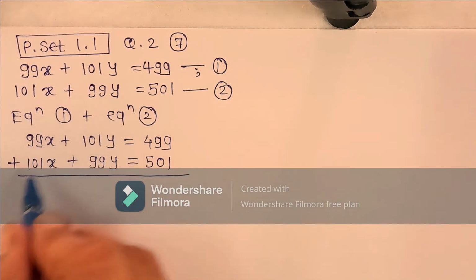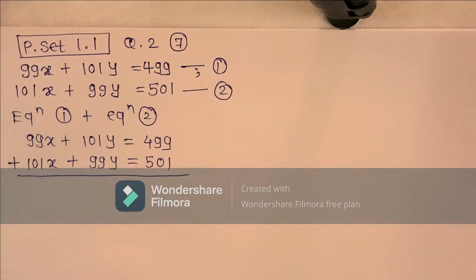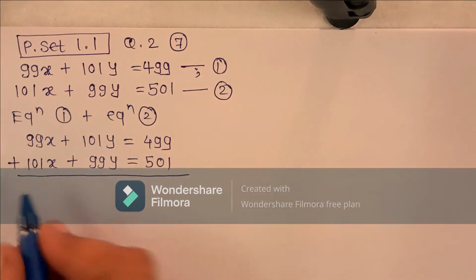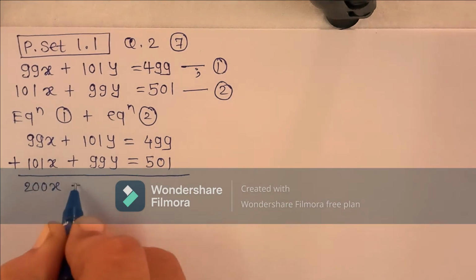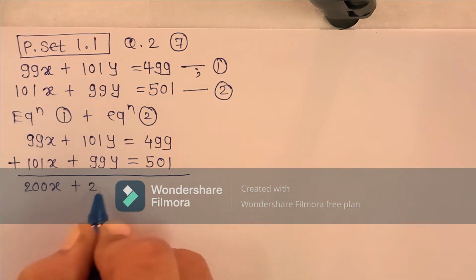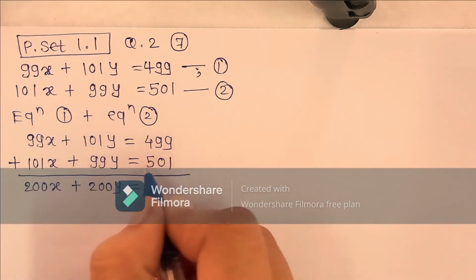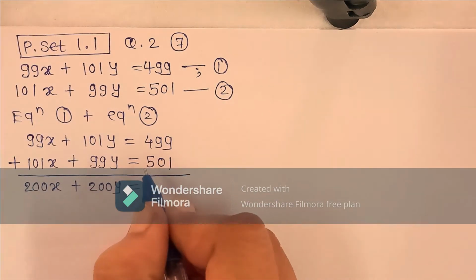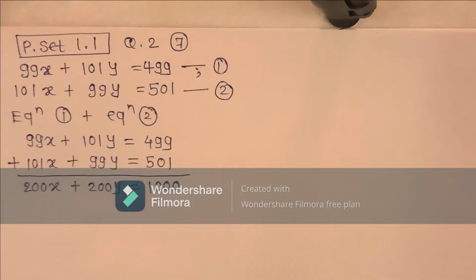So 99x plus 101x, similar terms are there. Add them. So it gives you 200x plus 101y plus 99y, 200y is equal to 499 plus 501 gives you 1000.